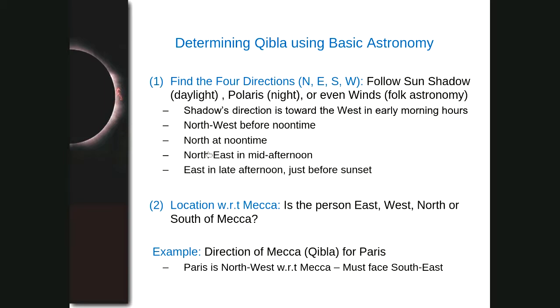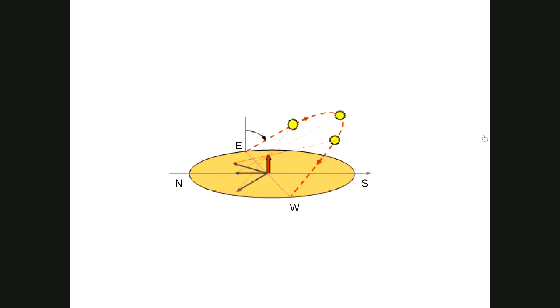Northeast at midday, and of course it will be the east after noon time, and late in the afternoon it will be in the east. So you decide where your direction is. And if you know where your direction is relative to Mecca, you can look at the shadow here and decide which way you're going to face for Al-Qibla, roughly.